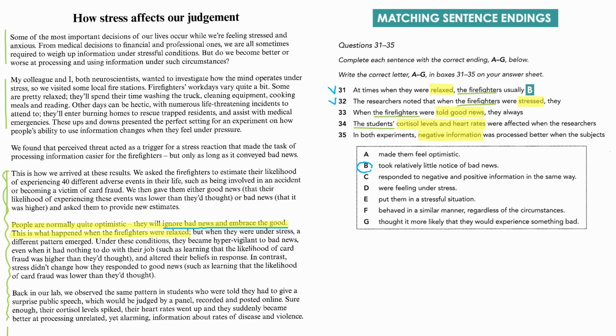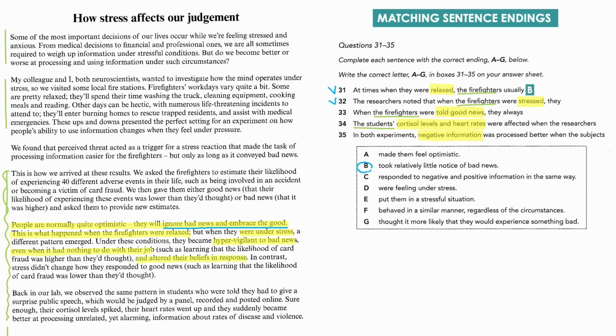The researchers noticed that when the firefighters were stressed, and that is further. So when they were under stress, a different pattern emerged. They became hypervigilant to bad news, even when it had nothing to do with their job, and altered their beliefs in response.